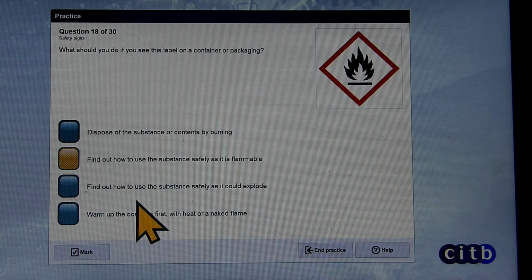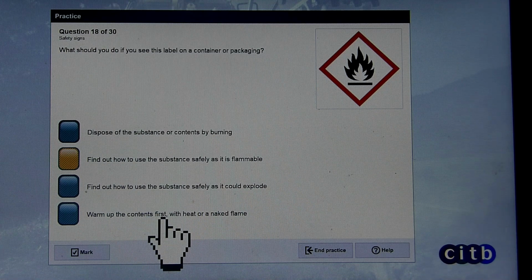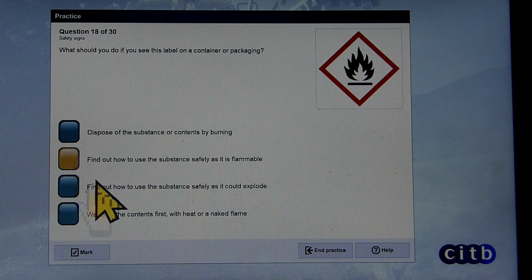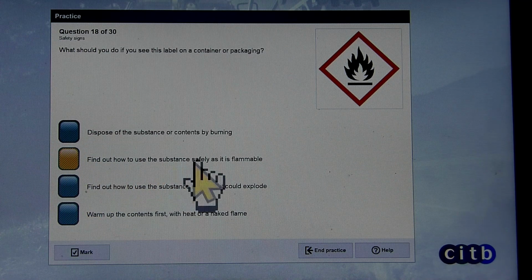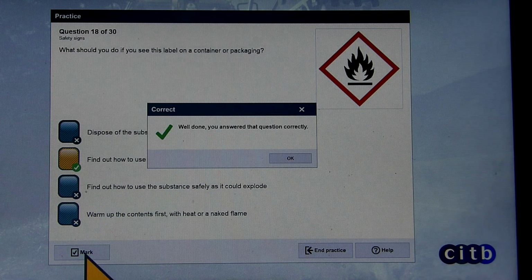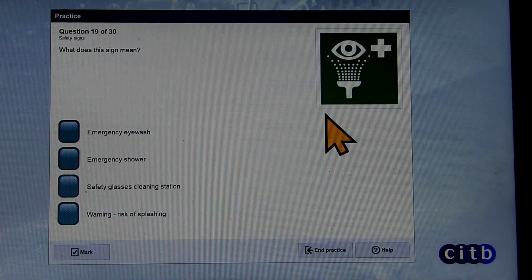Find out how to use the substance safely, as it could explode? Warm up the contents first with heat or a naked flame? It doesn't mean that. The answer is this one: find out how to use the substance safely, as it is flammable. Let's see. Wow, well done. We did it. Next.